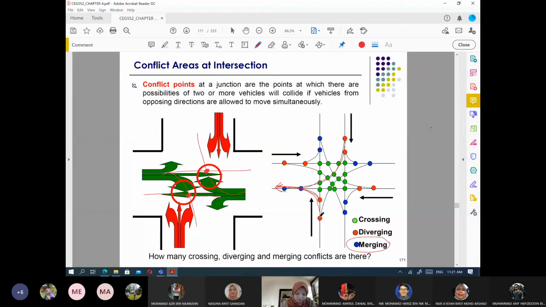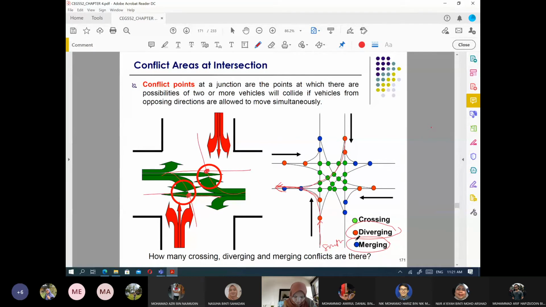Dia nak keluar. Yang ni asal dia daripada satu laluan lah, daripada south. Okay, tapi ada yang daripada south ni nak pergi ke east, ada yang daripada south ni nak pergi ke west. So they are diverging, berpisah.